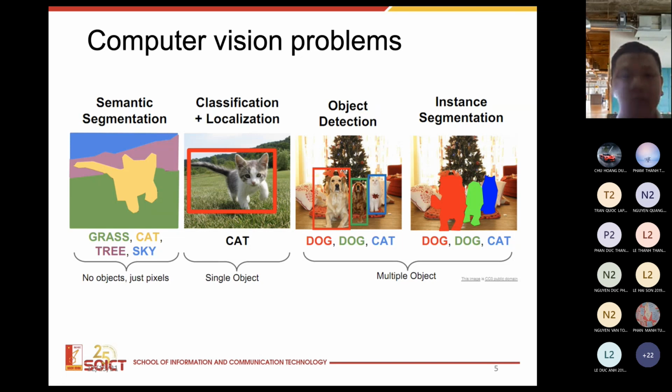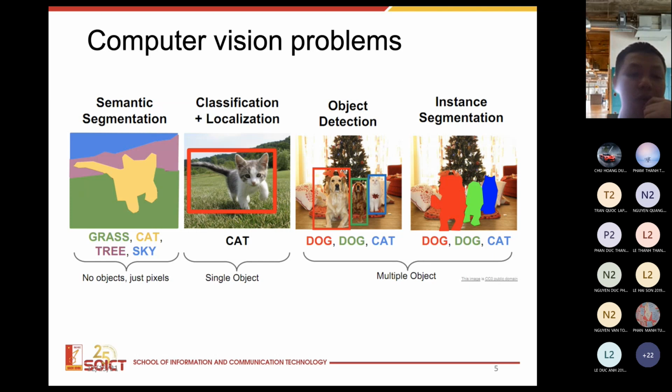And the problem that we discuss today is the semantic segmentation problem. In that problem, we have to classify every pixel in the image into one of the predefined classes.